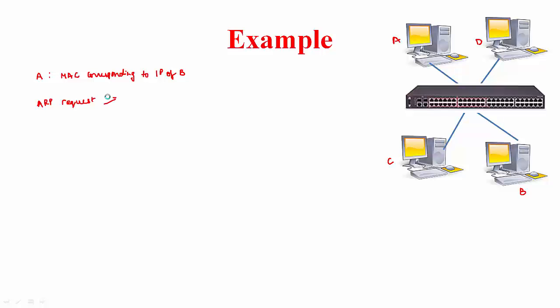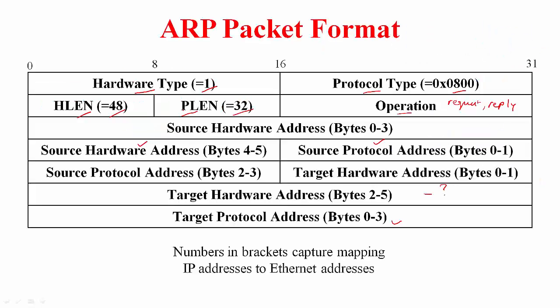This ARP request has a MAC header, basically the Ethernet header. Within this MAC header, there will be a source address and a destination address. Not just this, this ARP request also has a payload, and within this payload, as we have seen in the packet format right here, so this is all the payload attached to that Ethernet header.